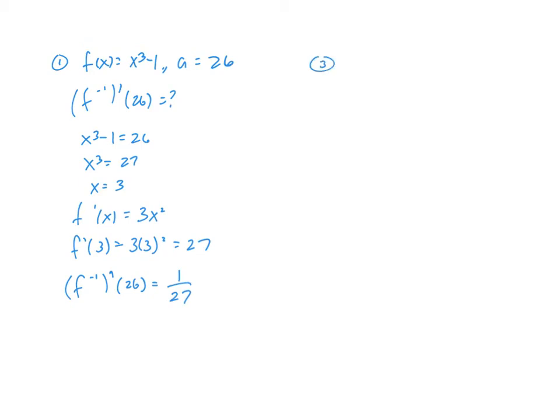Now for number 3, they give us x cubed plus 2x plus 1, where a is equal to 2, and that should be a minus 1. It does help to copy the problem correctly. Okay, so now we want to find the derivative of the inverse at 2.